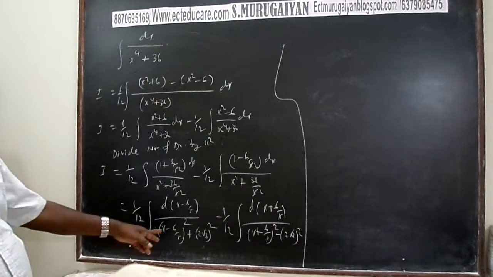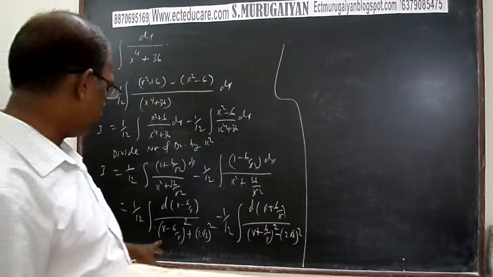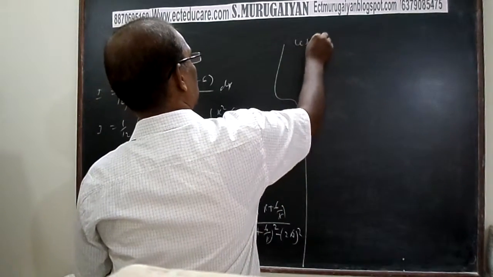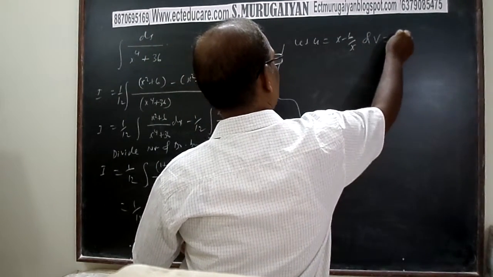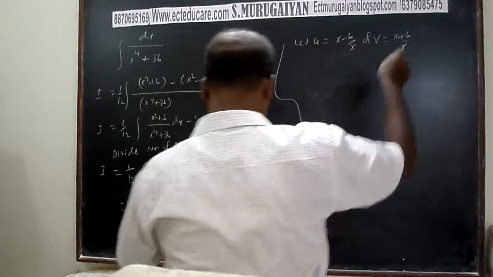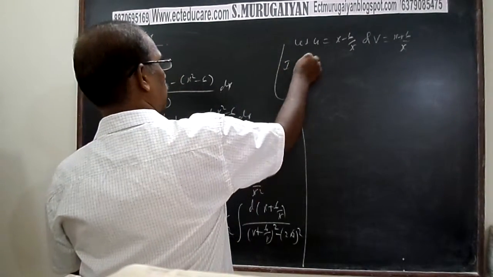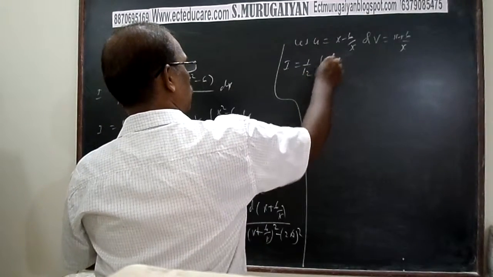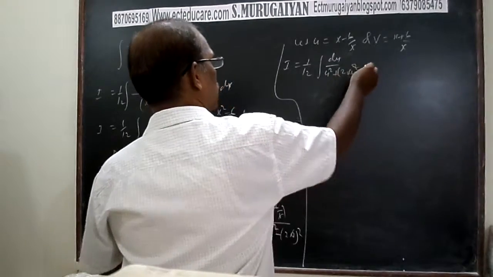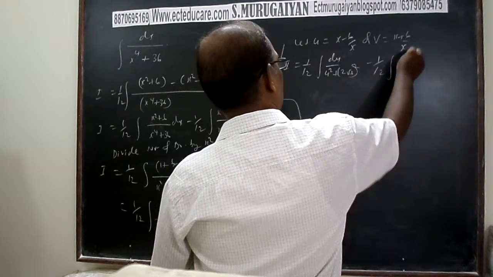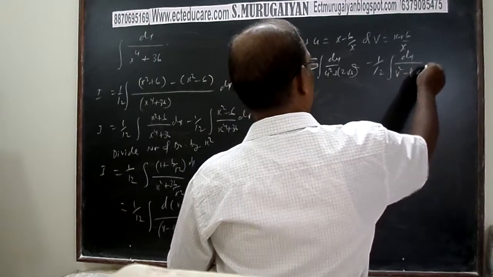Now we can take x minus 6 by x as the first variable u and x plus 6 by x as the second variable v. So let u equal x minus 6 by x and v equal x plus 6 by x. Then I equals 1 by 12 integral of du by u square plus 2 root of 3 the whole square, minus 1 by 12 integral of dv by v square minus 2 root of 3 the whole square.